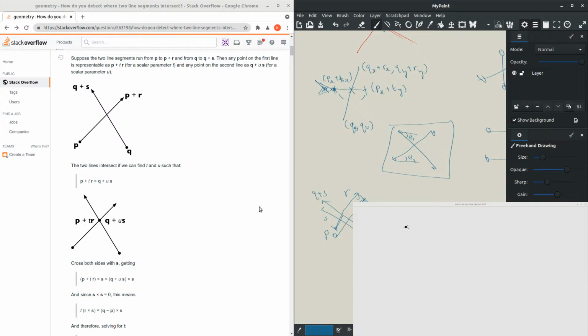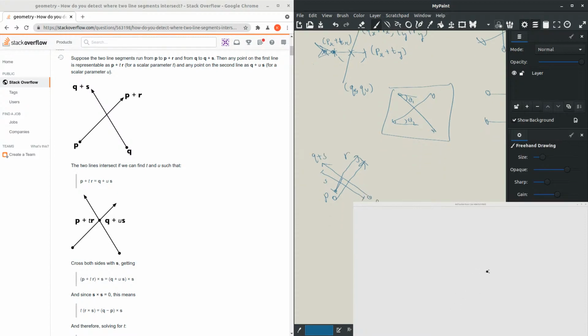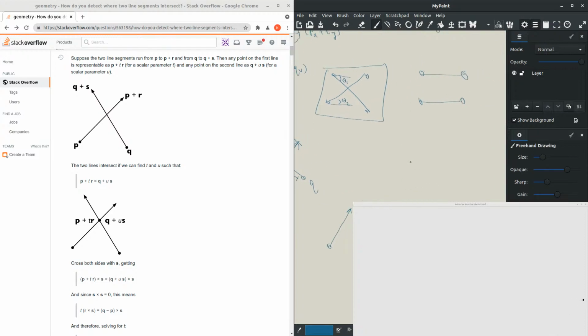Now, what this bit here is saying is that we can have a scalar on r and a scalar on s that shift the magnitude of these. If we just look at r here, let's say we have this be at position 1, 1, and then we decide we'll have a scalar on that, which we'll call t, where t equals 2.